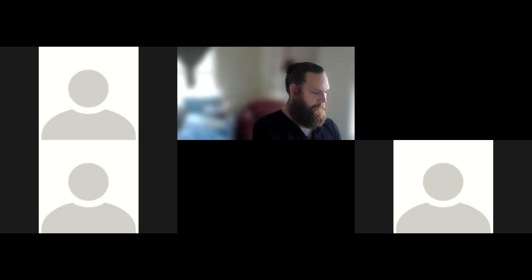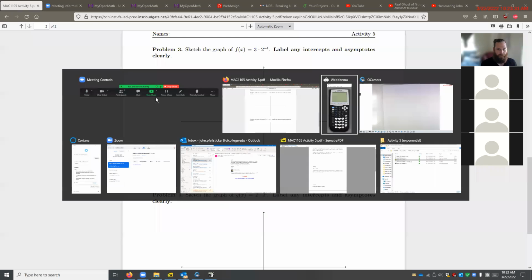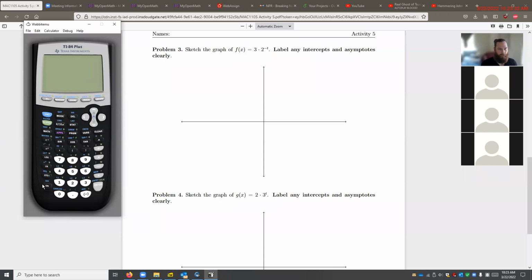Any ideas how we could get the first graph, the 2 to the minus t? It's a little different than how we've seen these in class. There might be an algebra step there that can make life simpler. Definitely, we can plug into our graphing calculator. That's always an option.